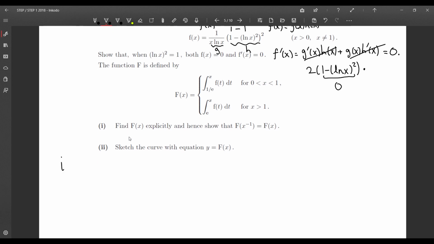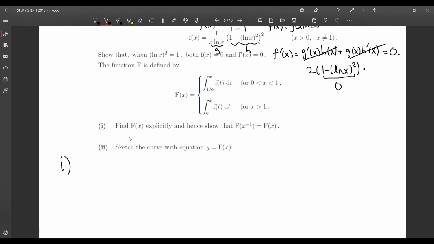Next up, we have this function, which is defined as an interesting piecewise integral. So this is defined for positive x values. For x between 0 and 1, we integrate from 1 over e to x.